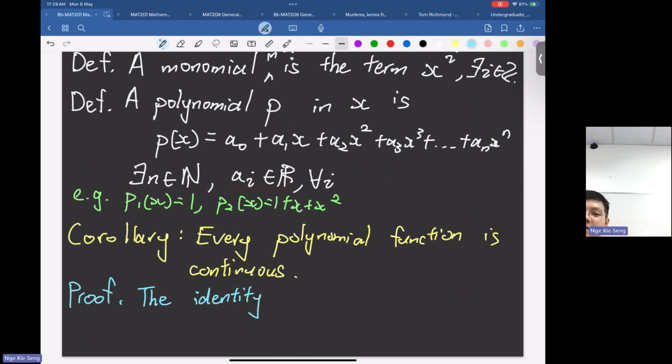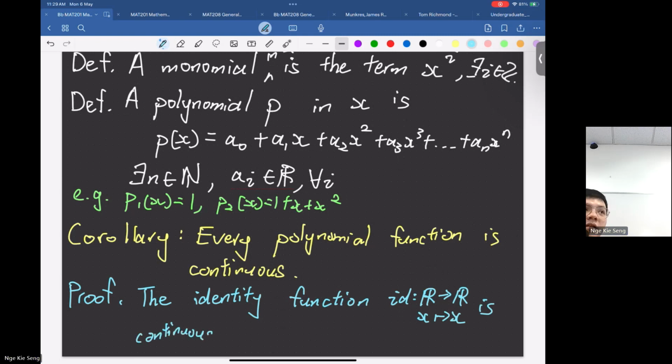The identity function from R to R, which sends x to x, is continuous. So how do you build other monomials from the identity function?